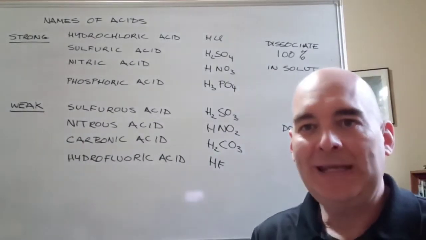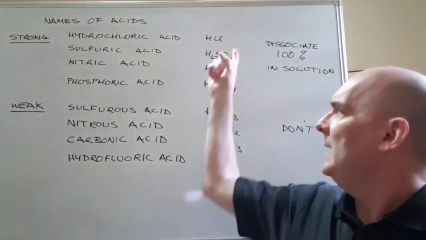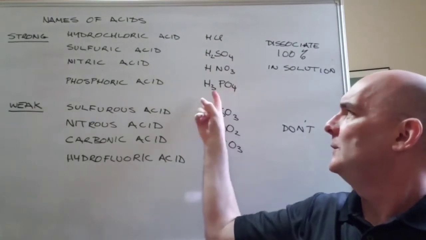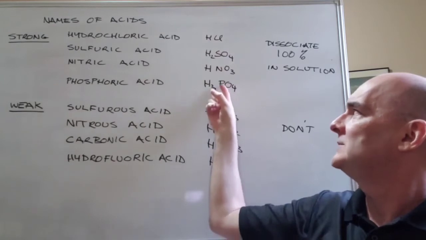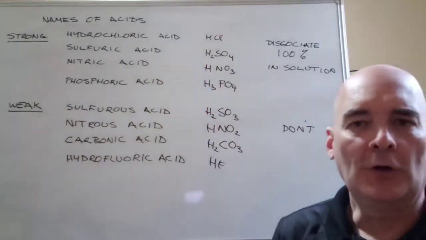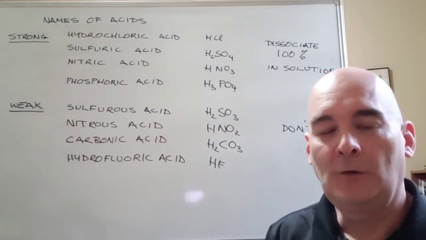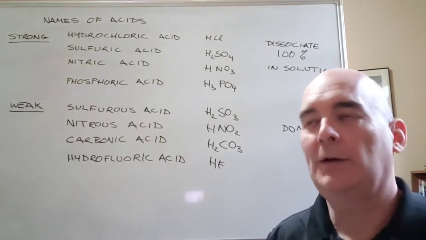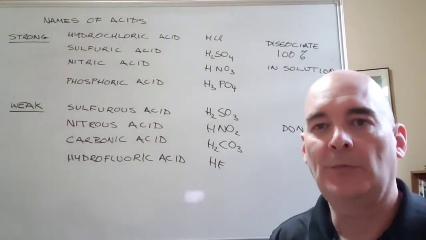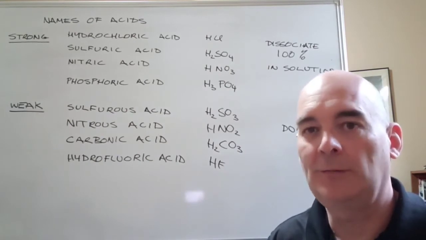There is no easy way of determining how many oxygens are supposed to go with how many hydrogens based around this central non-metal. If you look at everything on the board, all non-metals.